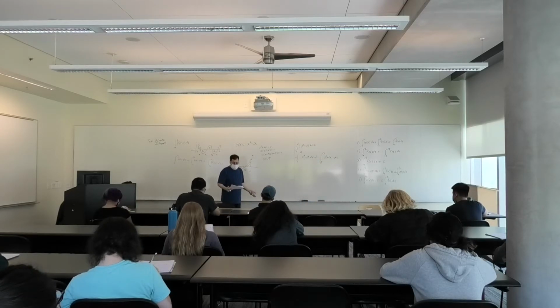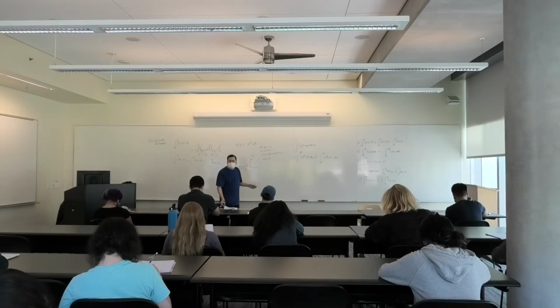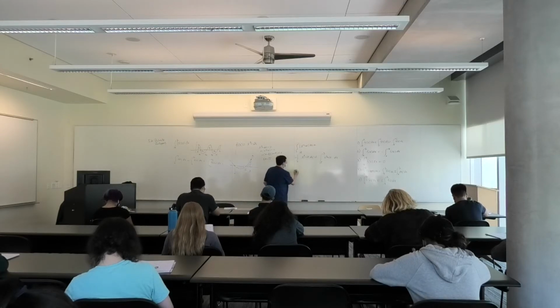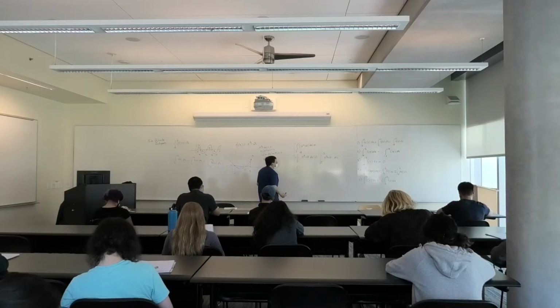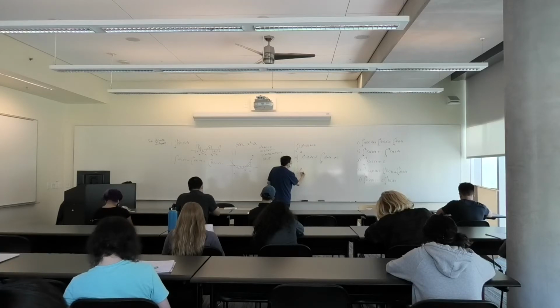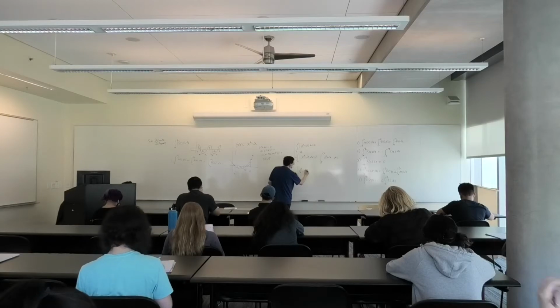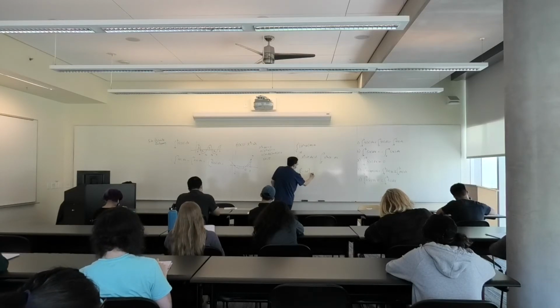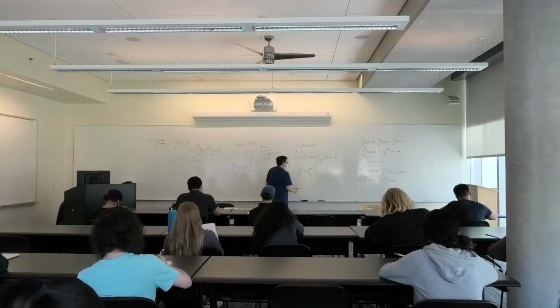Now at this point, it's just a matter of calculating the antiderivative and evaluating it. So let's go ahead and try that. The antiderivative of x cubed minus 6x is going to be what? x to the 4th over 4 minus 3x squared, from 0 to the square root of 6.